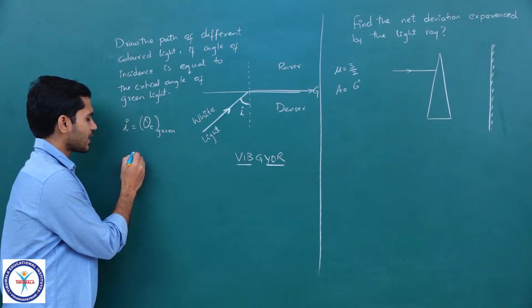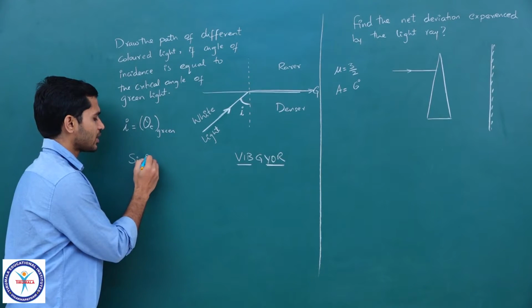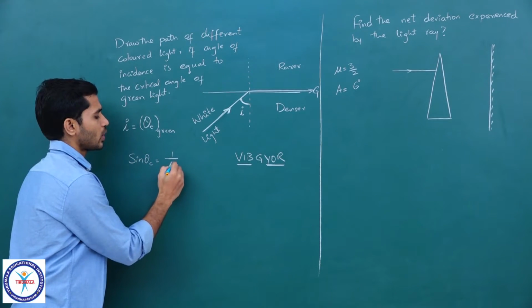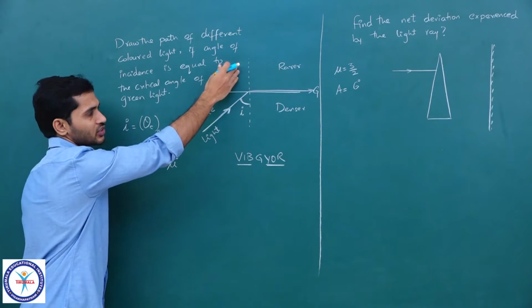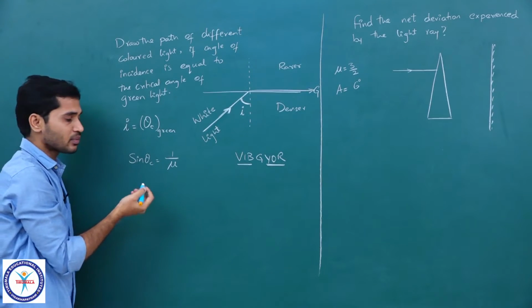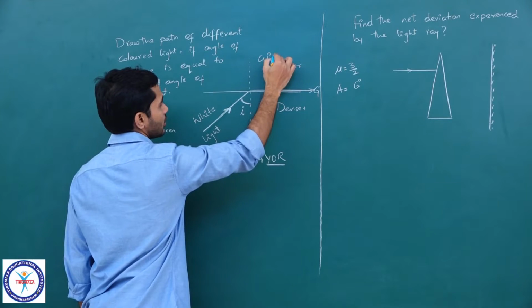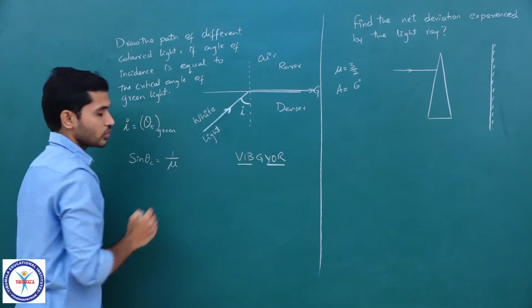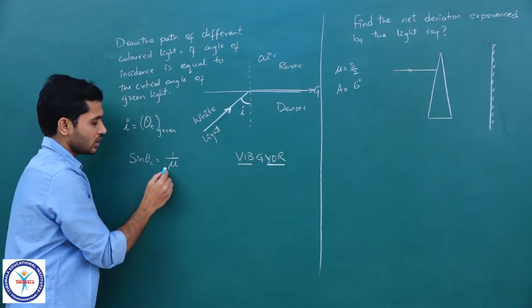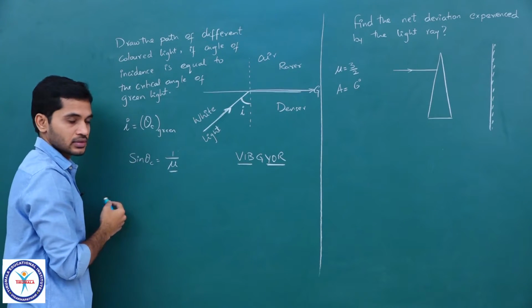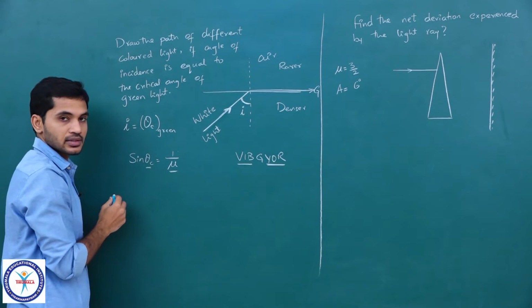We know that critical angle can be given by 1 by sin theta c is equal to 1 by mu, considering that the rarer medium is air. So, I can write sin theta c as 1 by mu. Observe carefully: if mu is greater, theta c is lesser, correct.